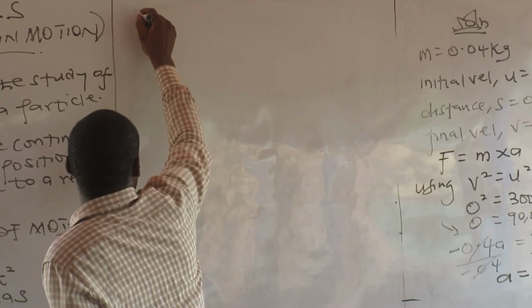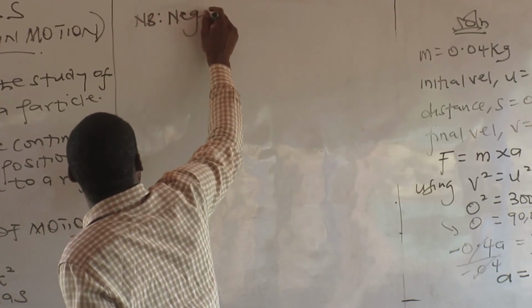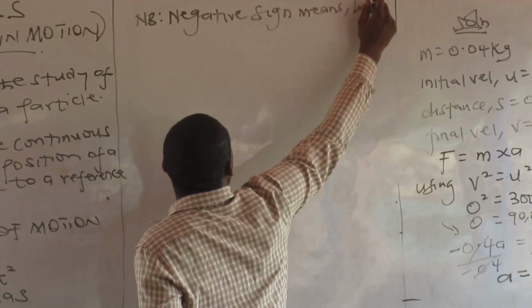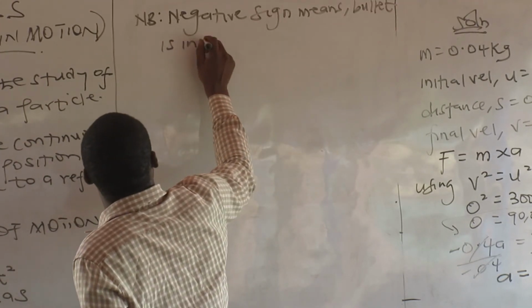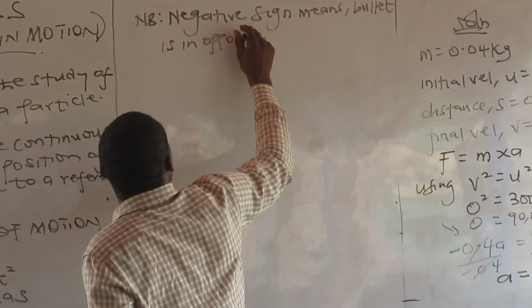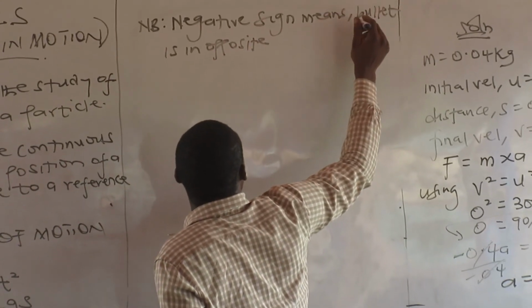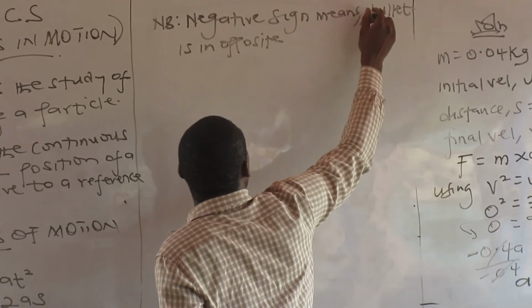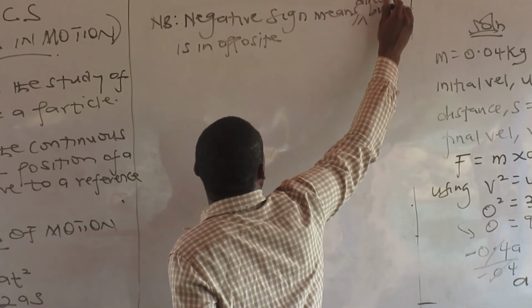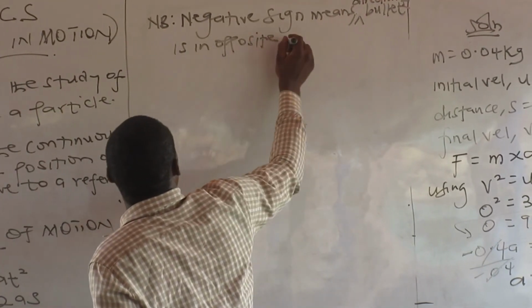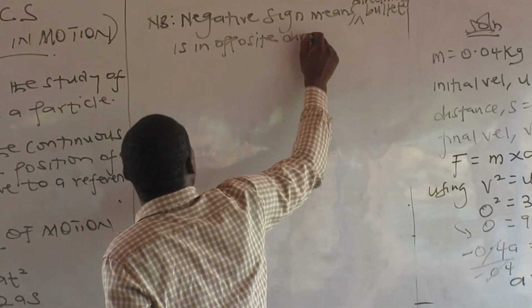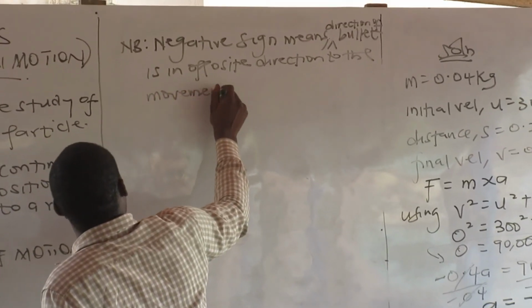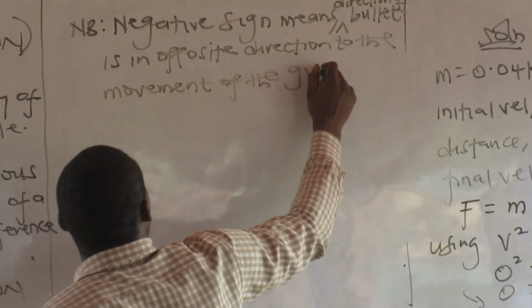So the negative sign means the direction of the bullet is in opposite direction to the movement of the gun. That is the reason why we had that.